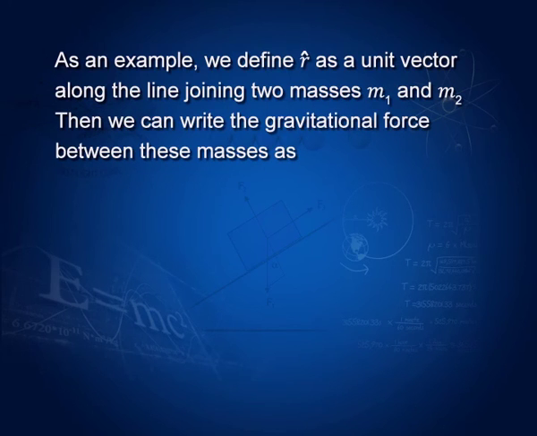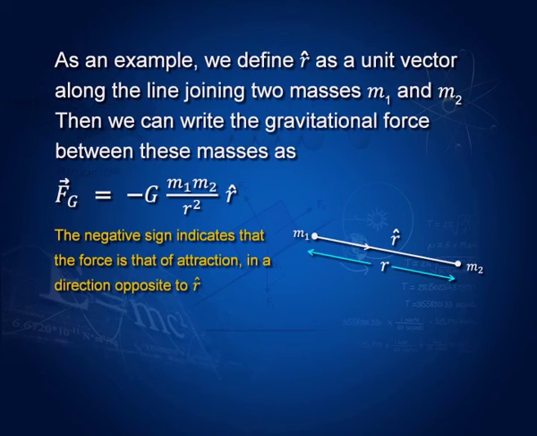Then we can write the gravitational force between these two masses as the force F g equal to minus G times m 1 into m 2 by r squared into r cap.